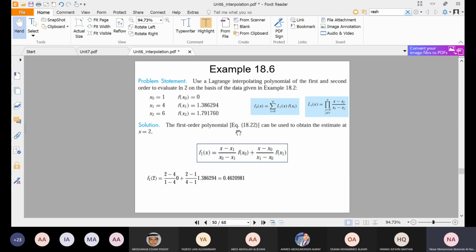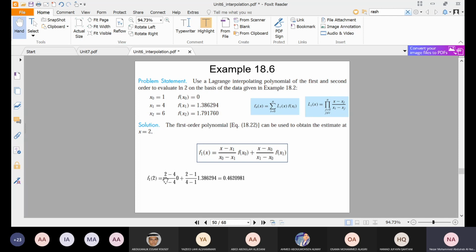So the first order by using Lagrange is given by this form. Okay, this L0, L1, f of x0, and f of x1. So here, the question is to estimate the value at x equal to 2. So x now is given.